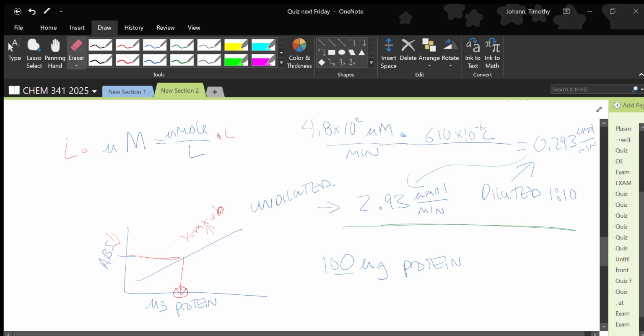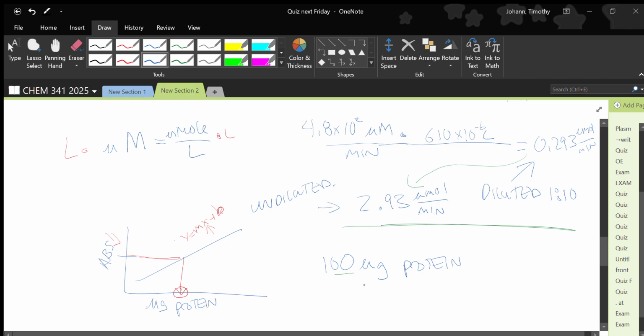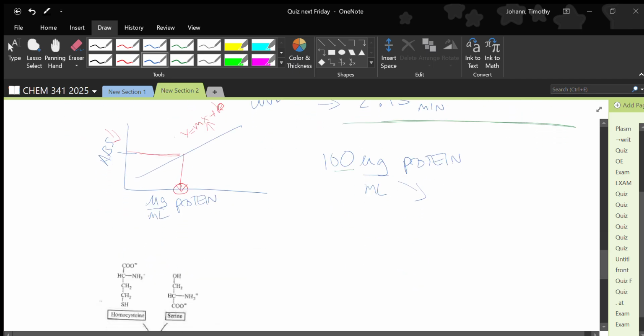So that's 600 micrograms of protein in, wait, it wasn't micrograms of protein, it's micrograms per milliliter, right? So what we need to do is take this micrograms per milliliter and turn it into how many milligrams we had in the 10.